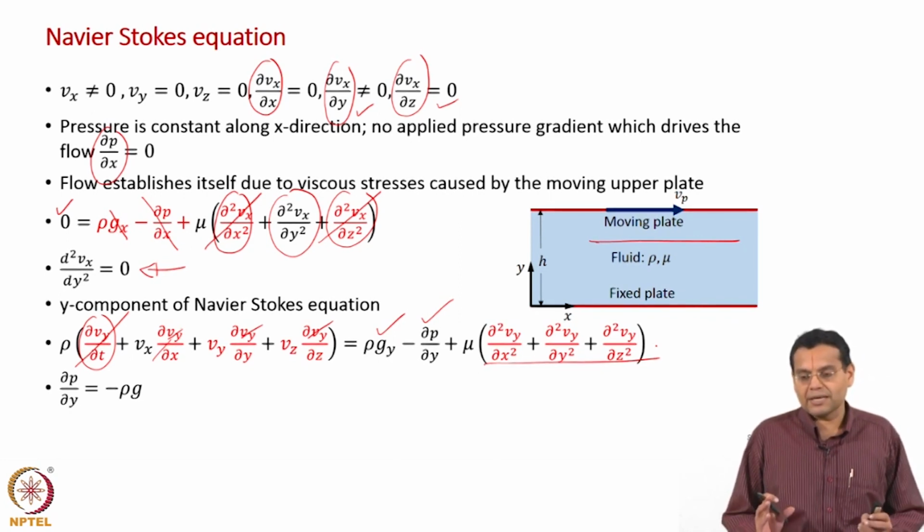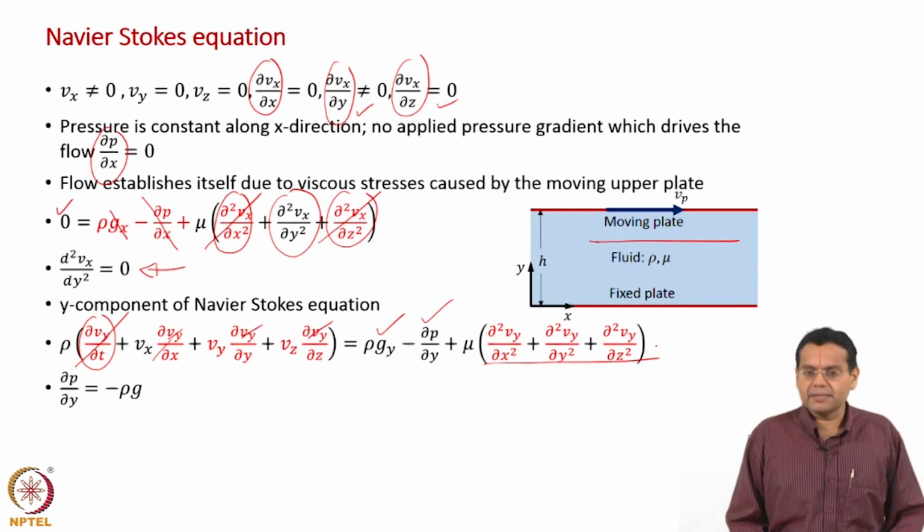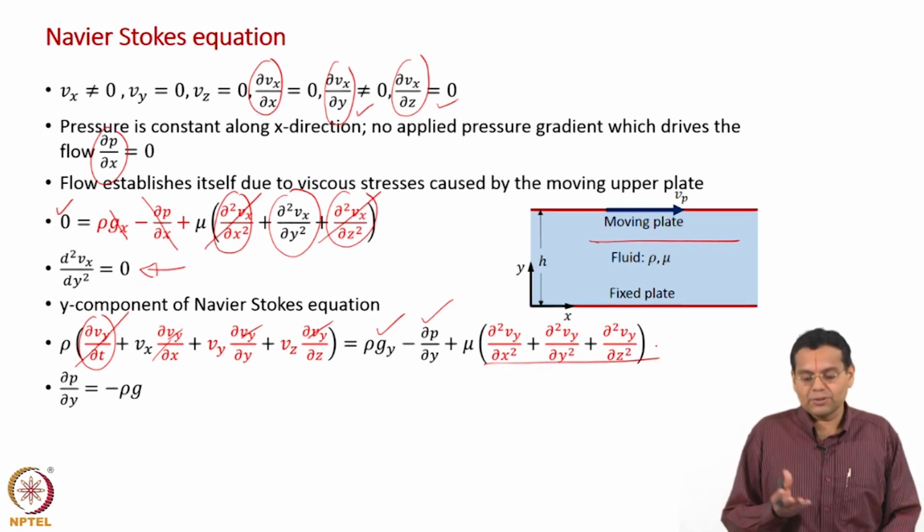Just a hydrostatic balance, the hydrostatic stress and the gravity forces balance each other, the same equation which we discussed for fluids at rest along the y direction. Why is that? Because there is no flow along the y direction. So, it becomes the same as what I discussed for fluids at rest.